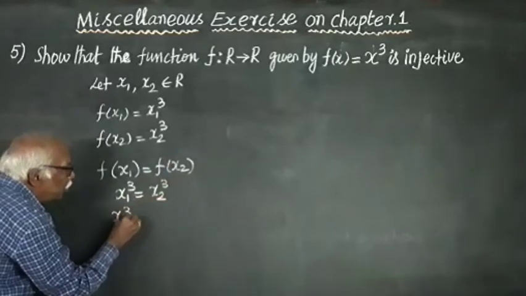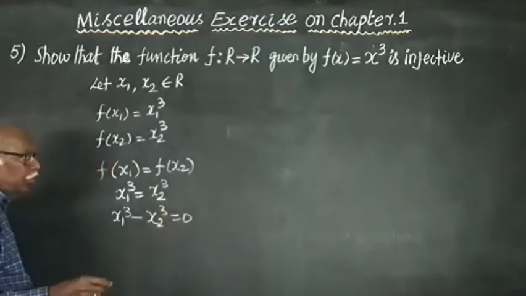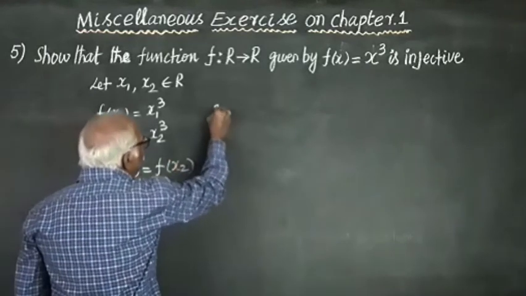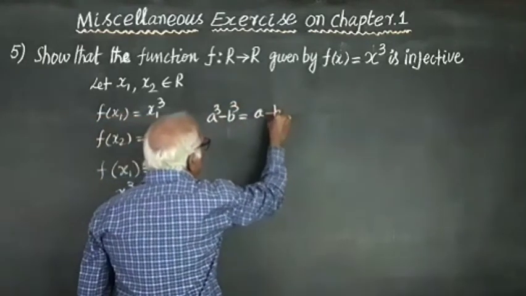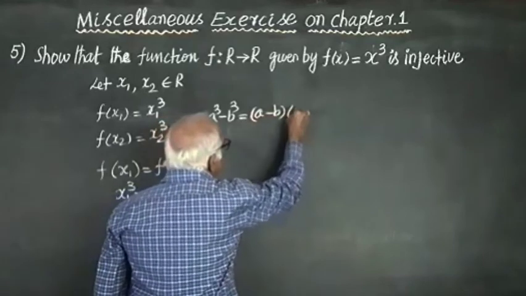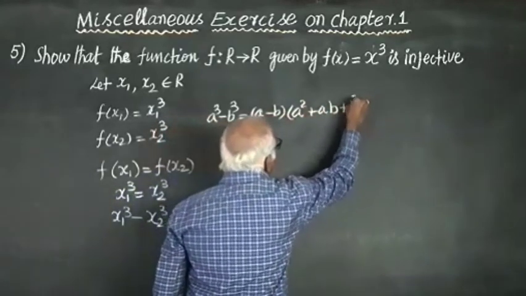x1 cube minus x2 cube equals 0. a cube minus b cube is equal to a minus b into a square plus ab plus b square.